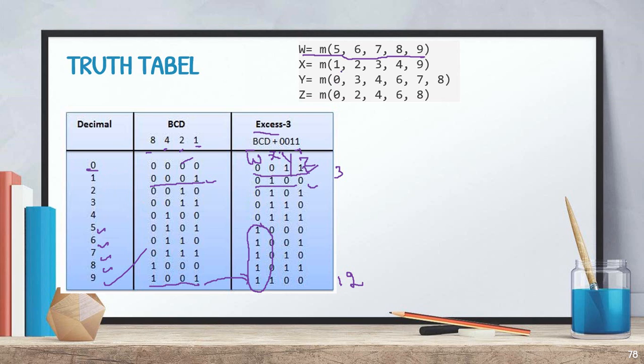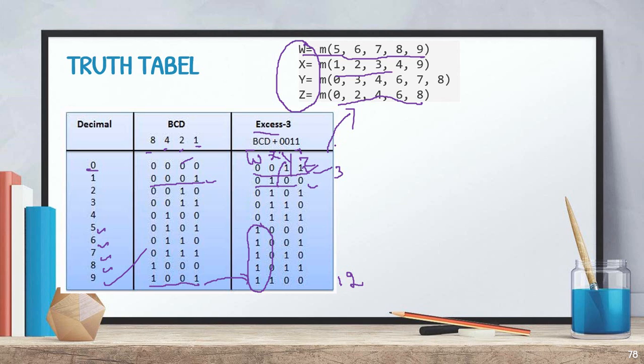Similarly, X is present in 1, 2, 3, 4, 9. Y is present in 0, 3, 4, 7, 8, and similarly Z is present in 0, 2, 4, 6, 8. This is how we form each output, and how we derive the notation from the truth table.